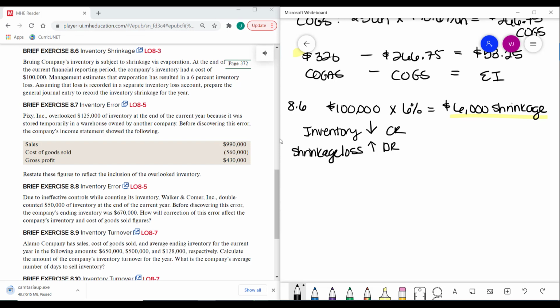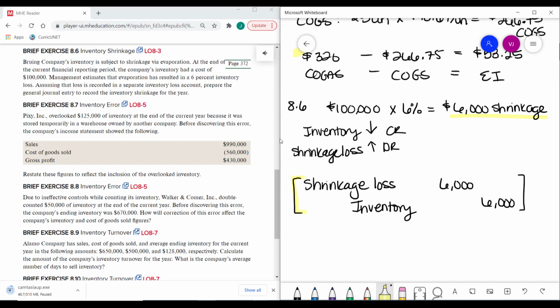It's a loss account, which is like an expense account in terms of how it reacts and what we do to that account. A loss has the same effect on net income that an expense would. So just like expenses and dividends, you always debit any kinds of losses when they go up. So we're going to debit shrinkage loss for $6,000, and we will credit inventory for $6,000.